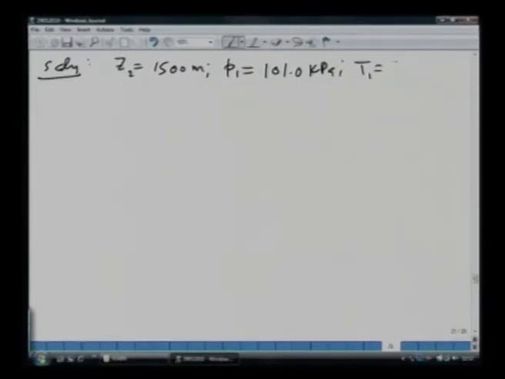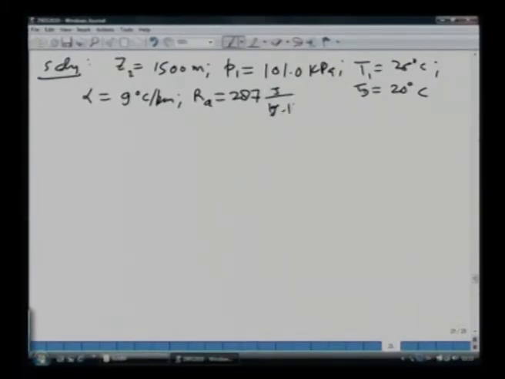T1 on the ground is 25 degree centigrade, and TD on the ground is given as 20 degree centigrade. Also given to us is the alpha as 9 degree centigrade per kilometer. R A is 287 joules per kg per Kelvin. Okay. And alpha is the same for both T and TD.